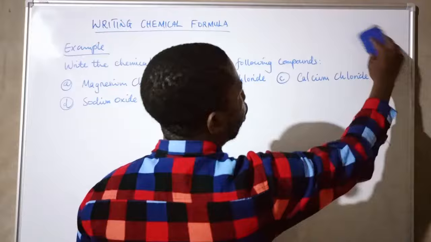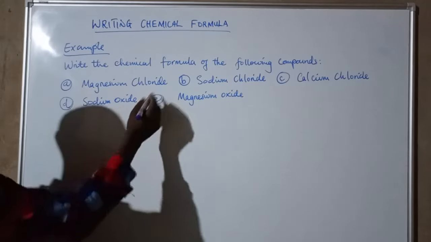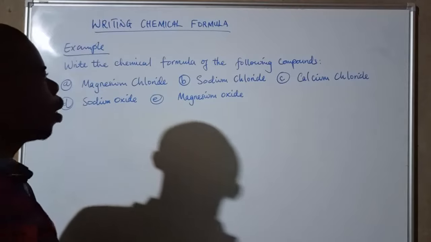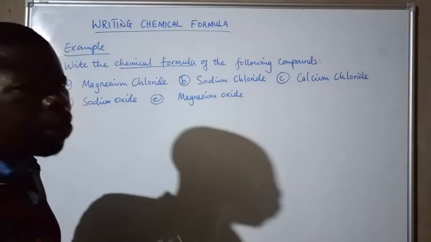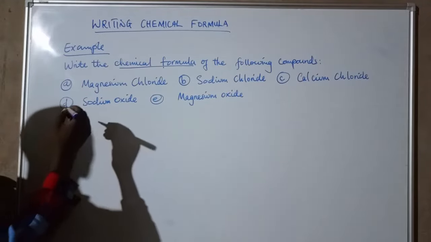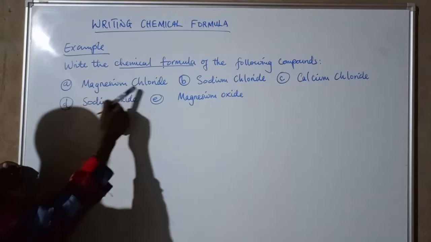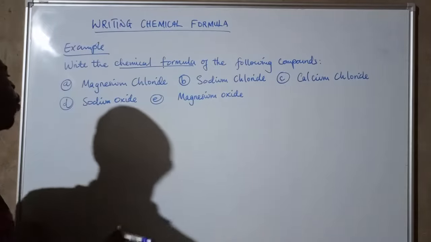Now, here we are. We have magnesium chloride, which they need us to write its chemical formula. Now, when you're writing the chemical formula, we said, what are we needed to know? We need to know the symbol for magnesium and the chlorine. From where? From the periodic table.